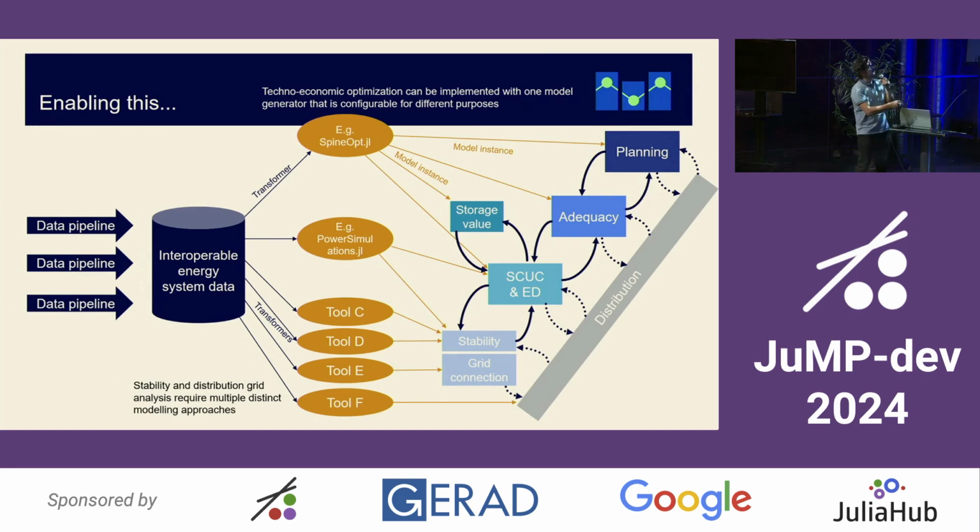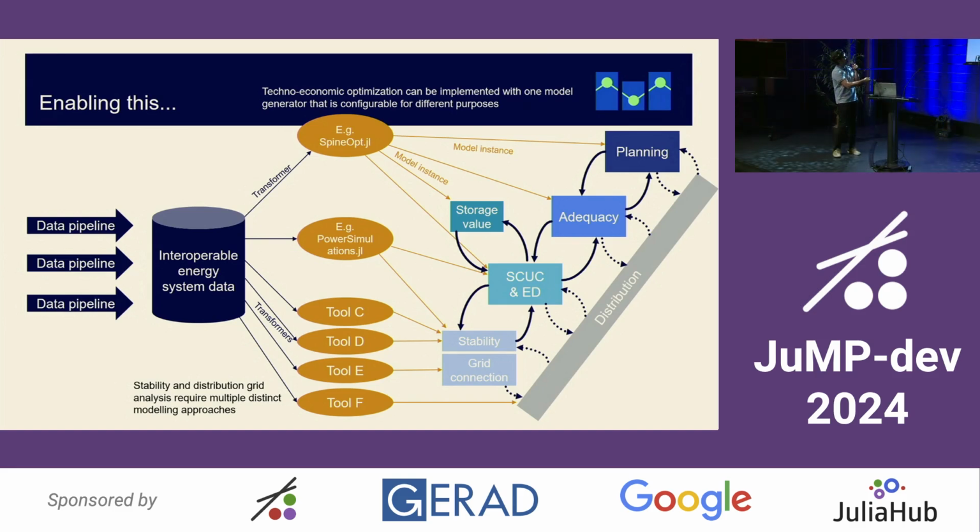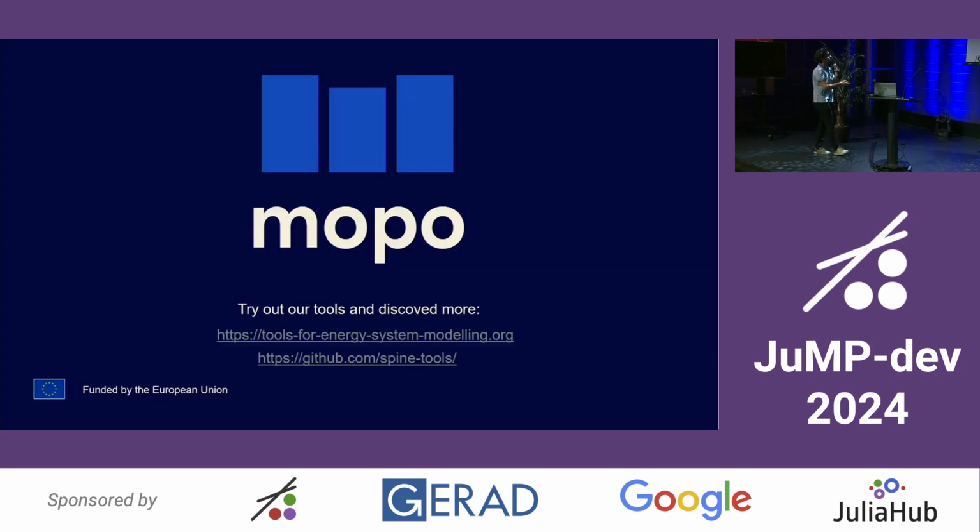So the idea is to enable different transformers to get to different models, but with a nice interface where you can have this interoperable energy system data, and it goes to different tools, and then you can perform different studies. So Spine Toolbox is trying to achieve this type of goal. And that's Mopo. That's a project.